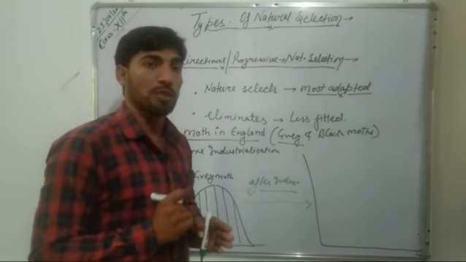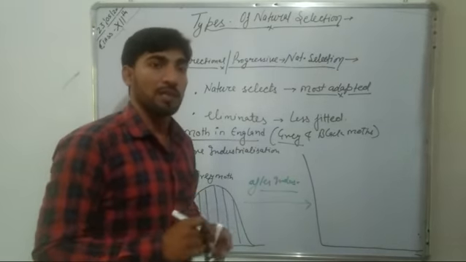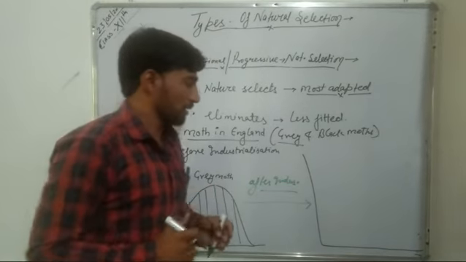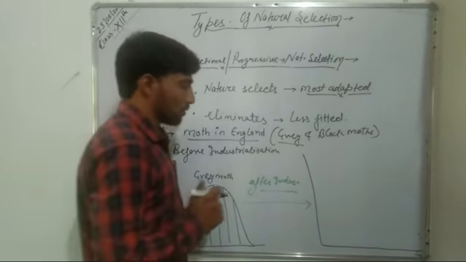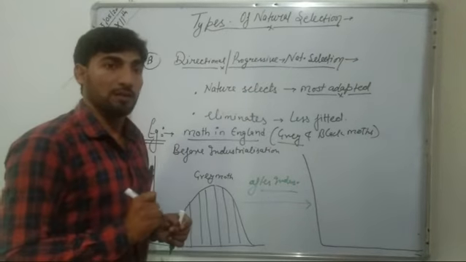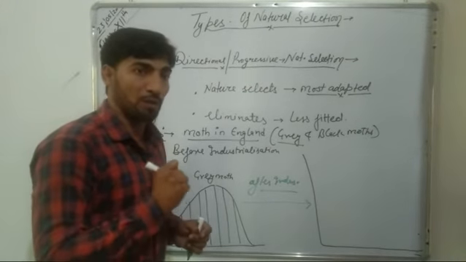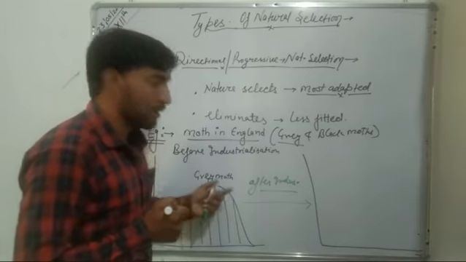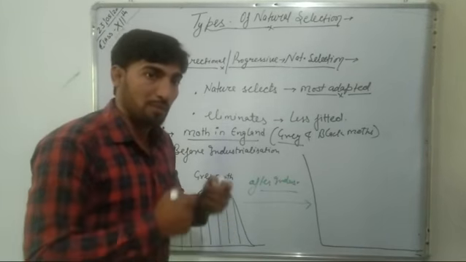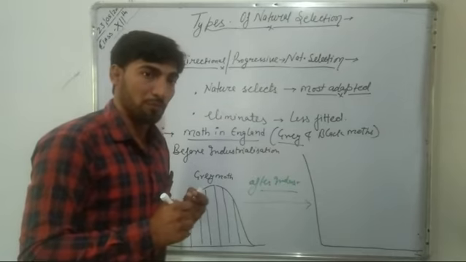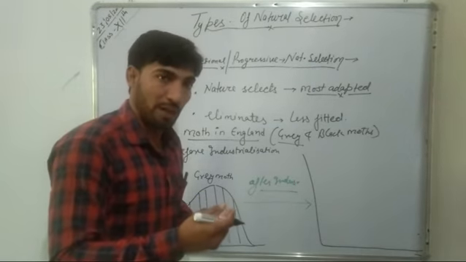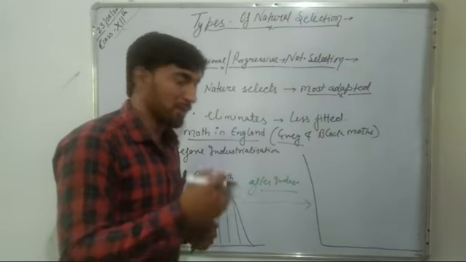When lichens disappeared, the bark of the tree got covered by the black color of smoke or soot. At that time, the black colored moths were able to survive because they hid themselves from predation. But grey colored moths are easily visible and got predated by their predators.